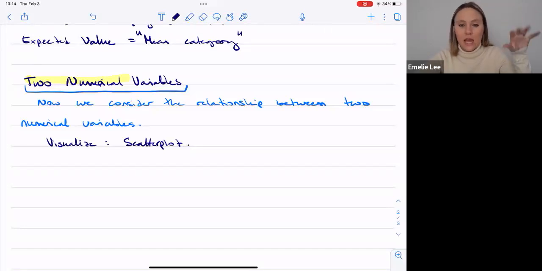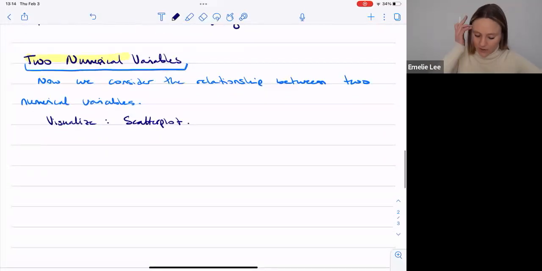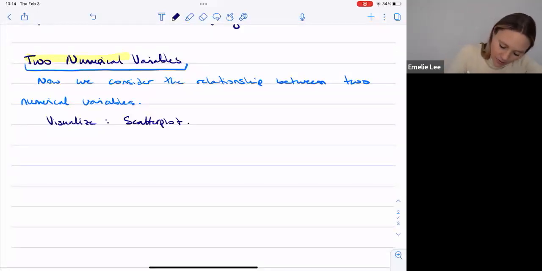And it is just how strongly are these things related, right? And so we can visualize it with a scatter plot, and then we can summarize the relationship, specifically the strength, using the correlation.